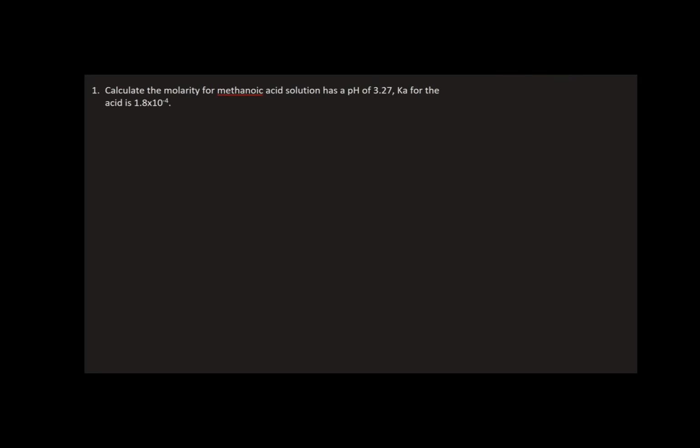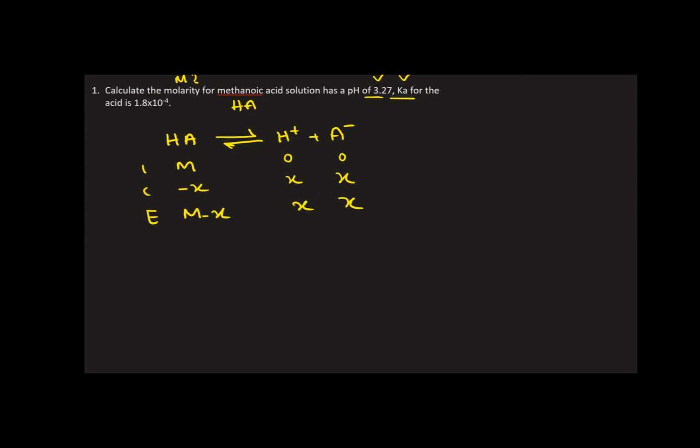In this question, you are given methanoic acid, a weak acid, HA, the molarity you're looking for, but you're given pH and Ka. So in any of these ICE table related questions, we're going to do the same thing. HA going to H plus and A minus, and ICE table, and initially we have M molarity and 0, 0, change minus x, x, x, and at equilibrium M minus x.